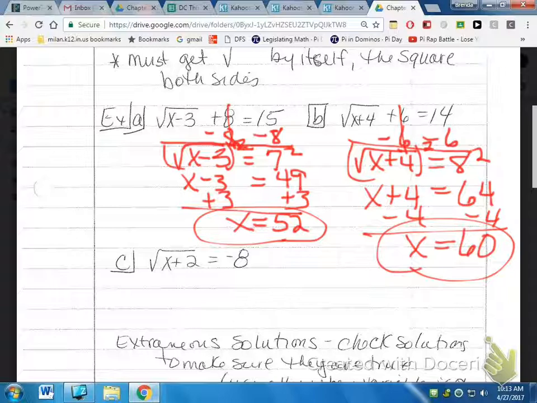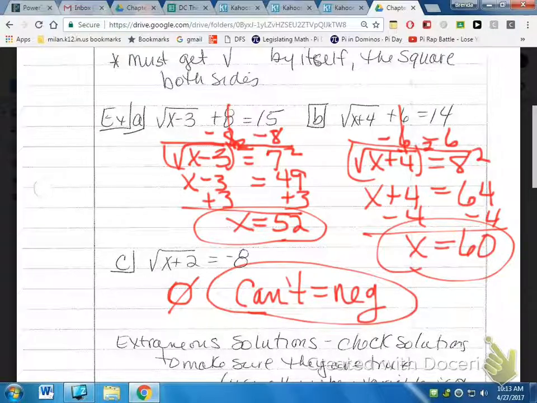No. For us, no. So anytime the radical equals just a negative like that, you're going to say empty set. For all practical purposes for us right now, it can't equal a negative. You will learn a lot more about this topic at a later time, but right now for us, you just say no solution. Questions about any of those?